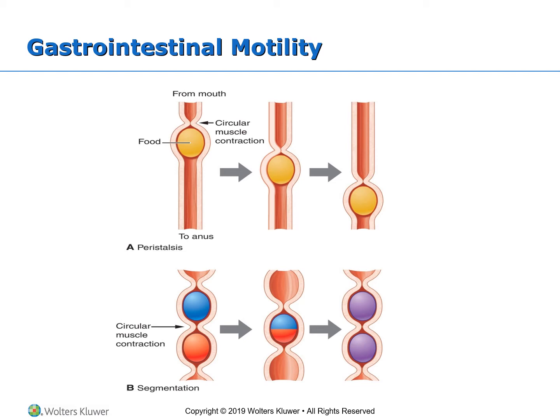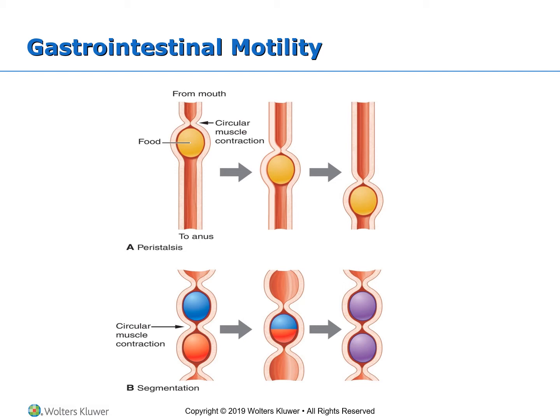As a result, a wave of circular muscle contractions propels the food through parts of the digestive tract. This is called peristalsis. There is also a continuous alternation of rhythmic contractions that allow the food to be mixed with digestive juices and produce the fragmentation and mixing of the food.